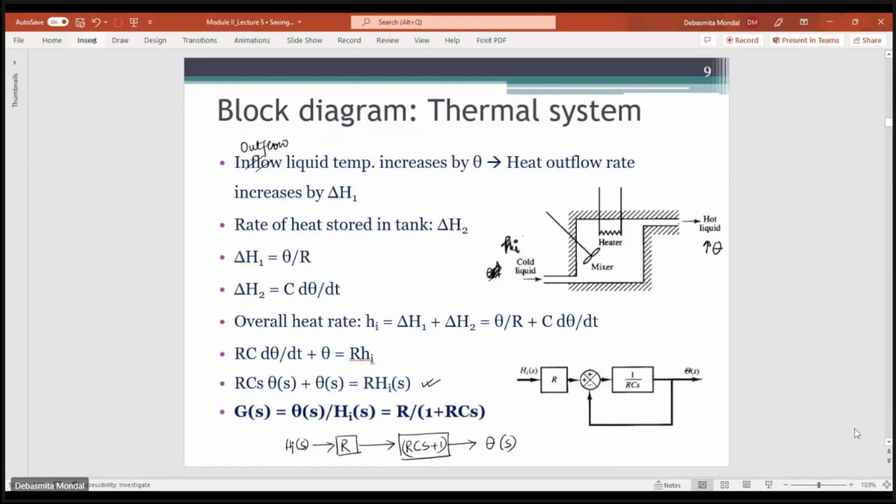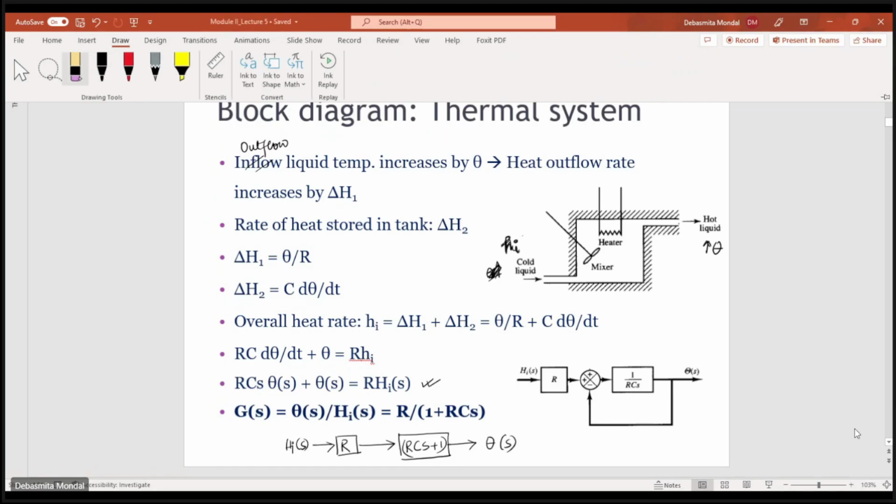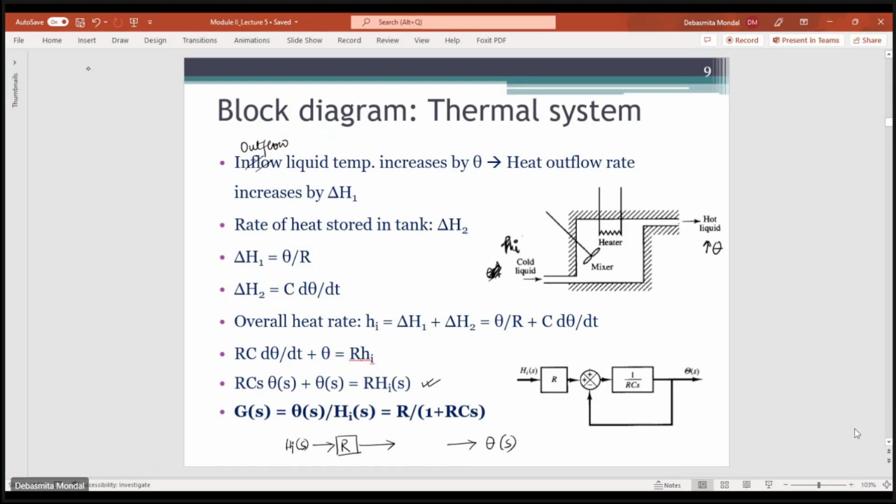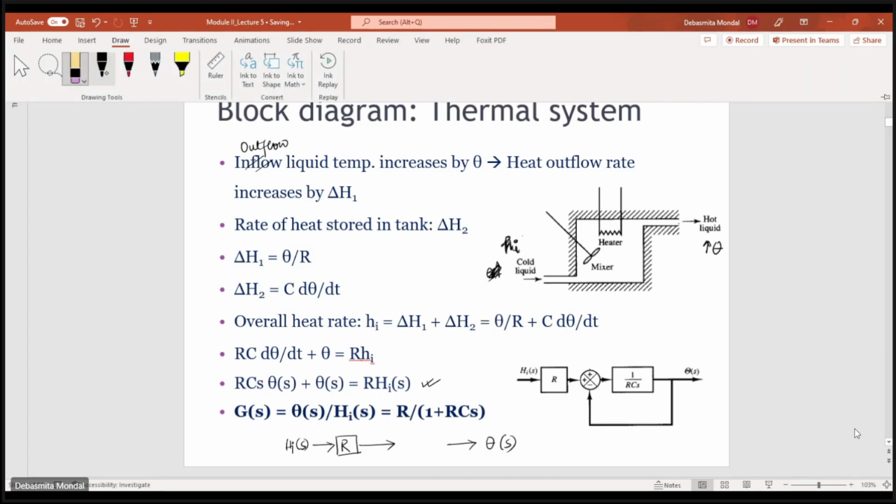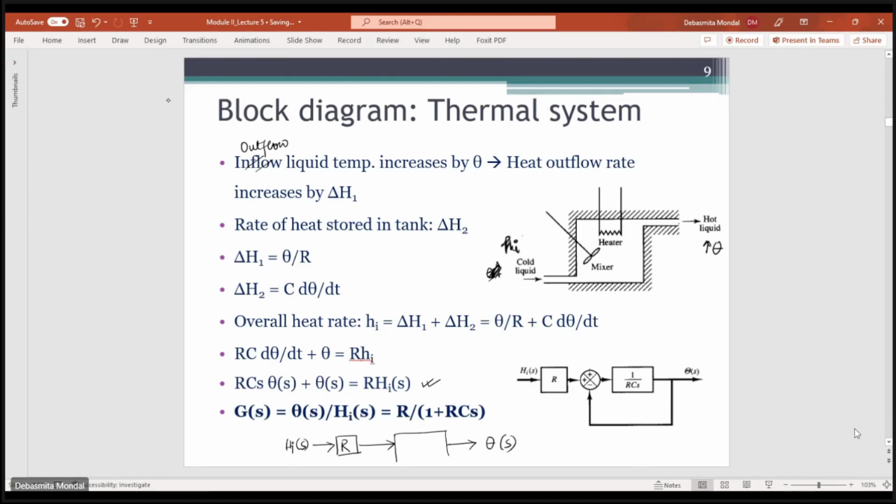So, sorry, this will be 1 by 1 plus RC into S.